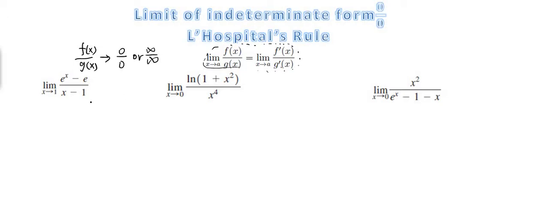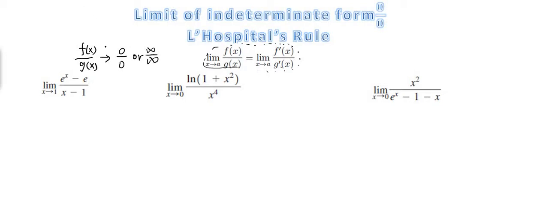Now let's take a look at the first example. The first step is to check whether this rational expression satisfies the conditions. Otherwise, we couldn't use L'Hopital's rule if it isn't 0 over 0 or infinity over infinity.